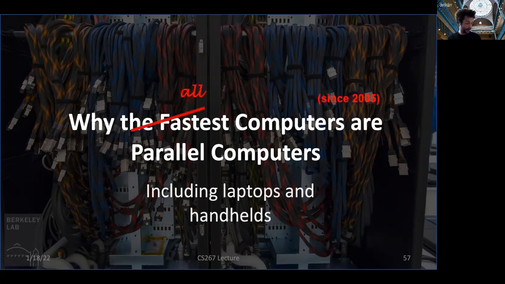But we have a new version of this slide, which is why all computers are parallel computers, including your cell phone and your laptop, and potentially even your car that is running all this CarPlay and so on, and detecting the objects that are coming and braking before, or alerting you to brake, and so on.